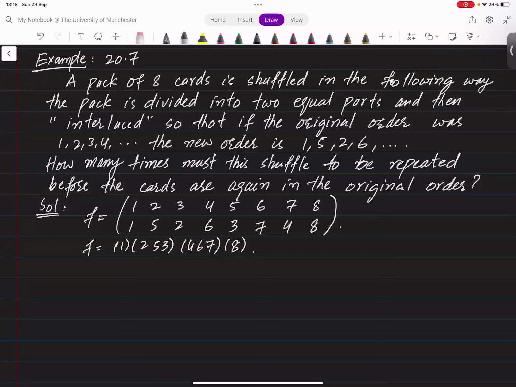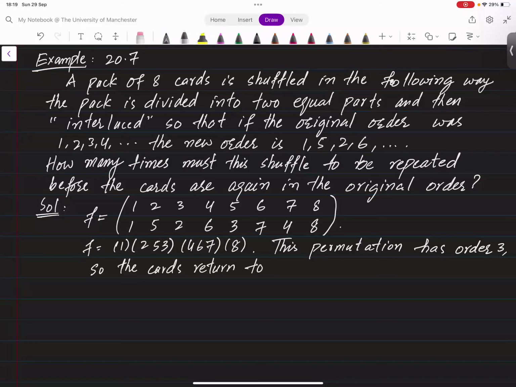So this permutation has order 3. So the cards return to their original order after 3 shuffles.